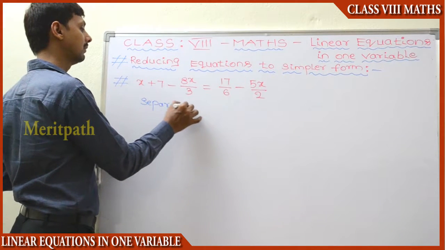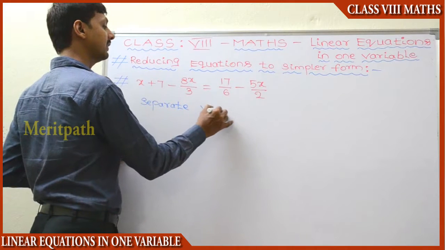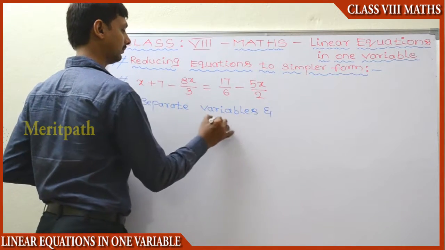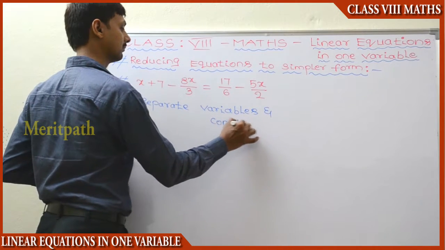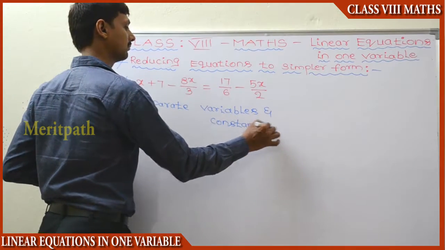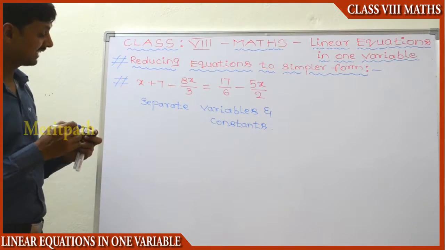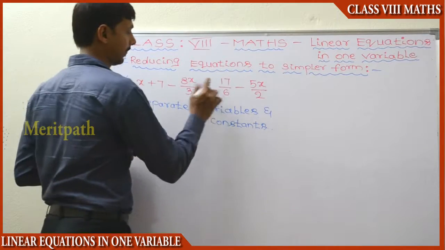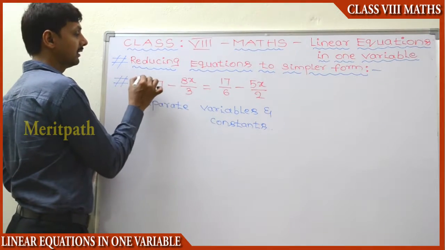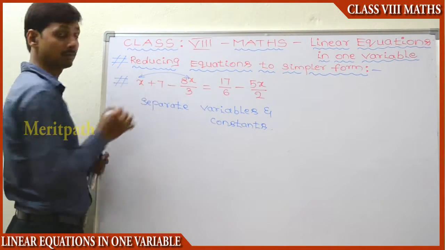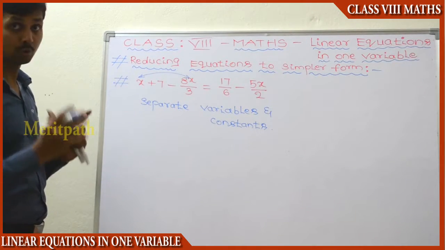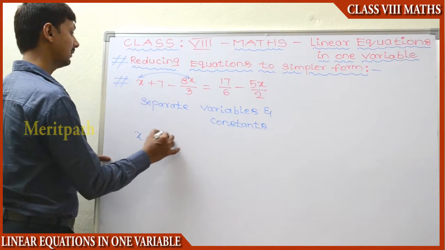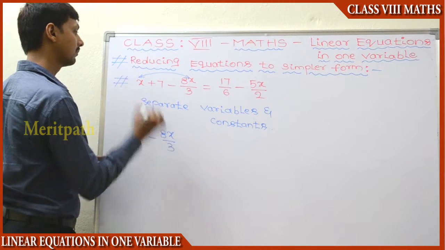Let's separate variables and constants. So here x plus 7 minus 8x by 3. There are two variables present in this. So let's take these two variables the same as it is, x minus 8x by 3.